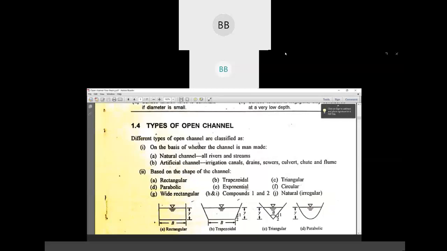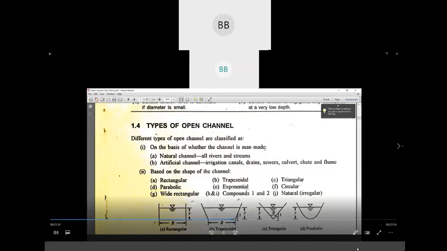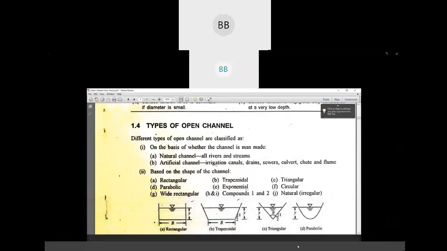So there are types of open channel. The first type is based on whether the channel is man-made, whether the channel is artificial or natural. We have already discussed, we have natural channel and we have man-made or artificial channel.